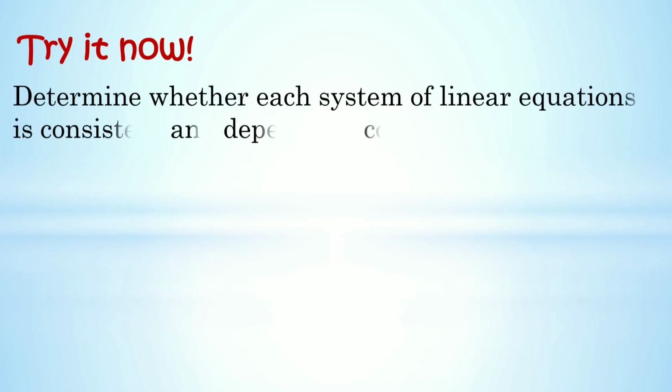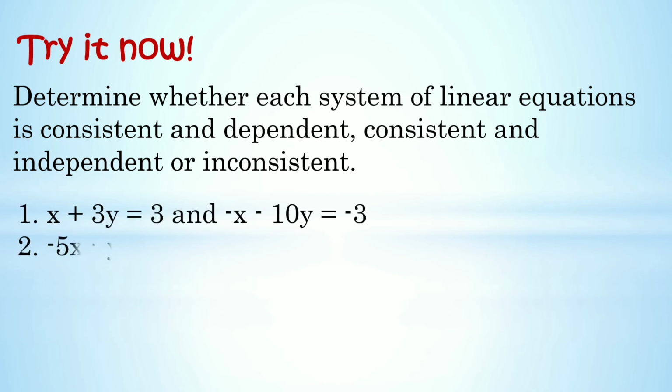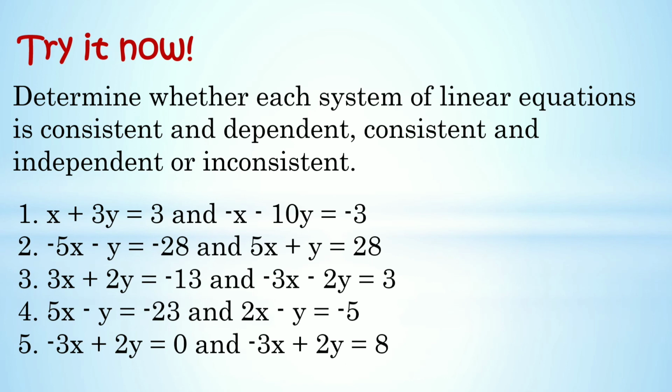So, kayo naman, try nyo to. So, determine whether each system of linear equation is consistent and dependent, consistent and independent, or inconsistent. So, pwede nyo siyang i-graph para makita nyo kung siya ba ay parallel, intersecting, or coincide.